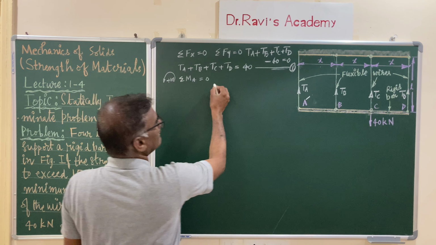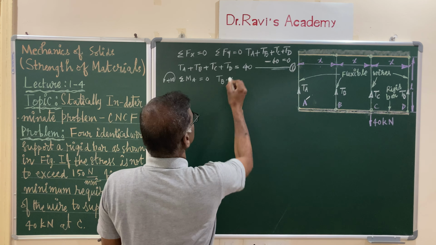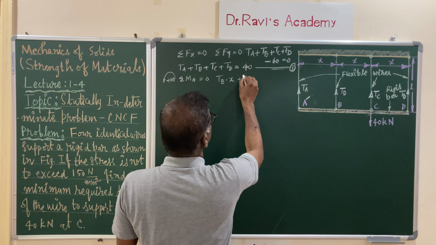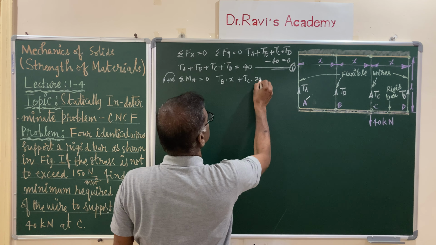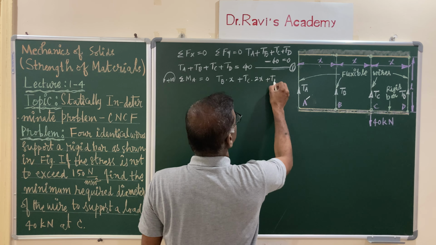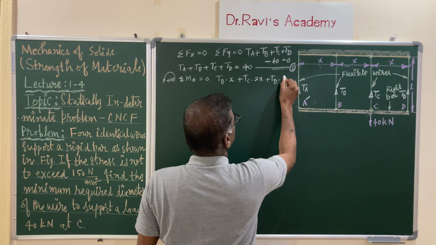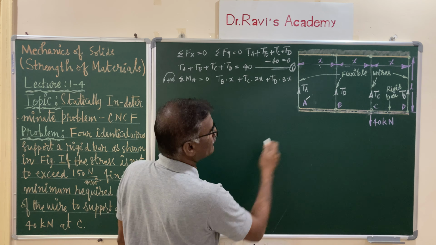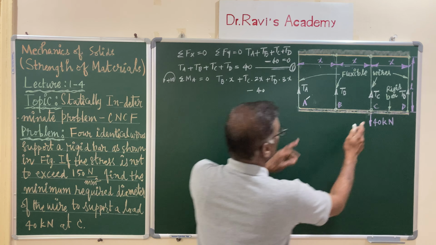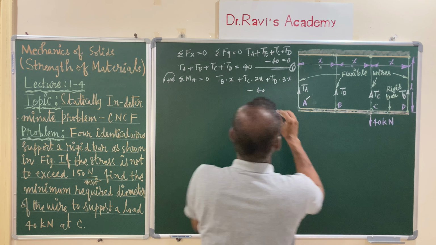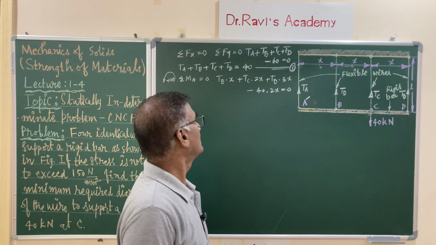Now you can write down the moment terms. The spacings are x, x and x, equidistant. So you have TB, positive, into x, plus TC into x plus x, that is 2x, plus TD into x plus x plus x, that is 3x, and 40 kilonewtons contributing clockwise turning effect, so minus 40 into x plus x, that is 2x, equals 0.